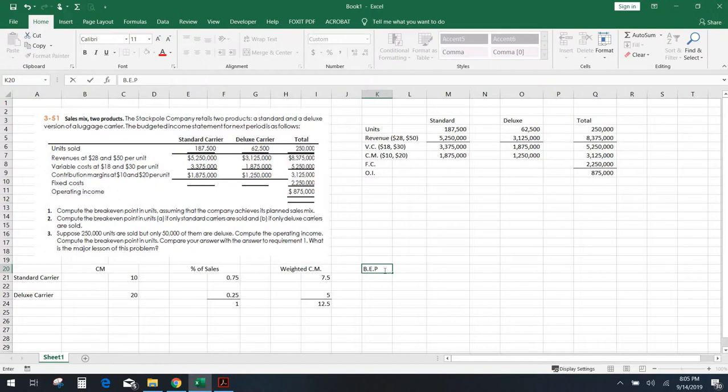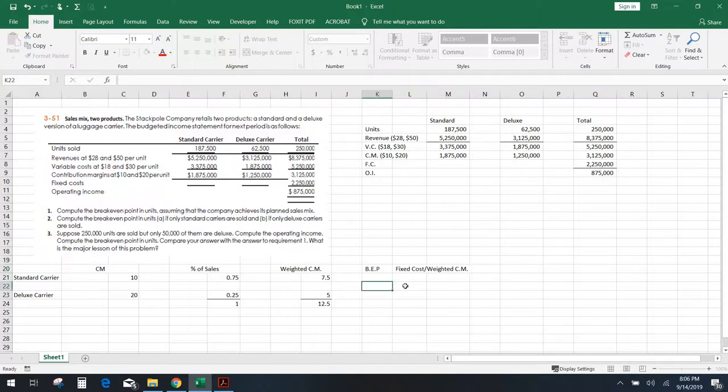Now, in order to get the break-even point, it is equal to the fixed cost divided by, let me just write this out so it's clear, fixed cost divided by weighted contribution margin.